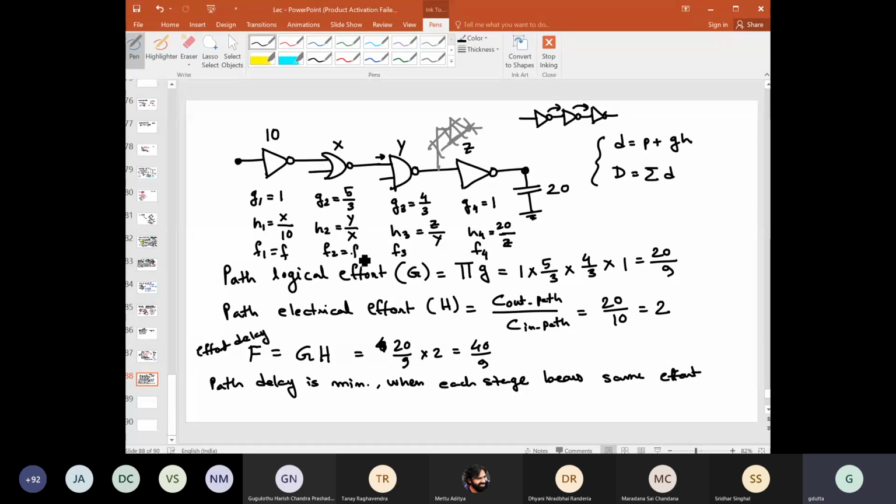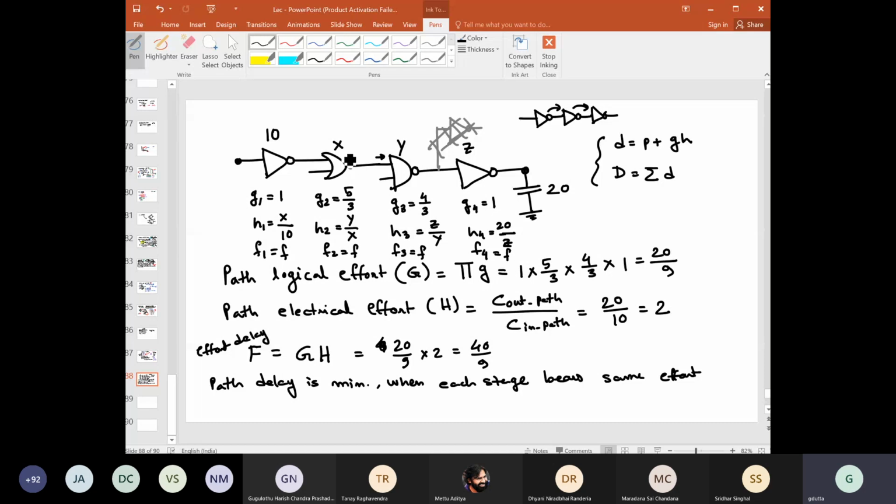I think you can do it from the same expression, using the same technique that we have used. You remember that if the total number of gates is n, you have to take n minus 1 partial derivatives and make them equal to 0. For each partial derivative, you will find the effort of this gate is equal to this gate. Then for the next derivative, the effort of this gate will be equal to this gate.